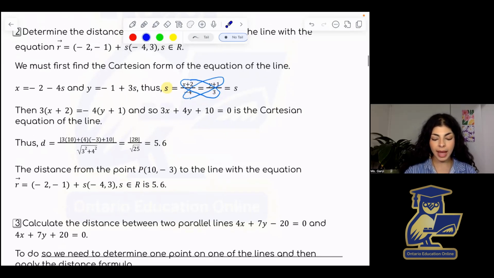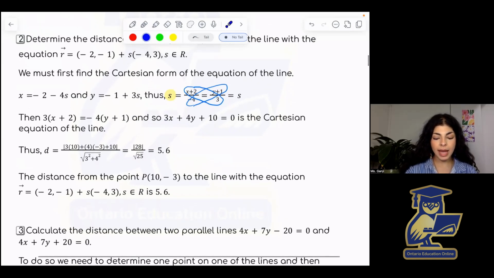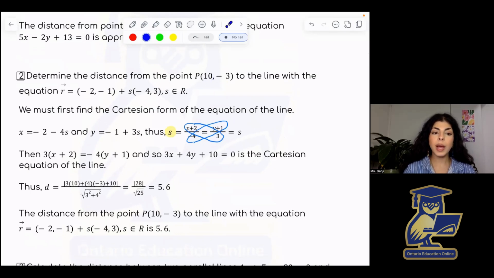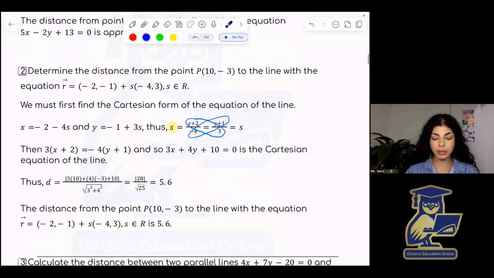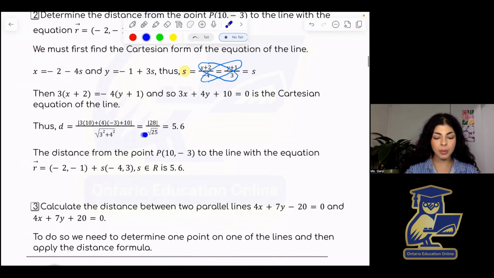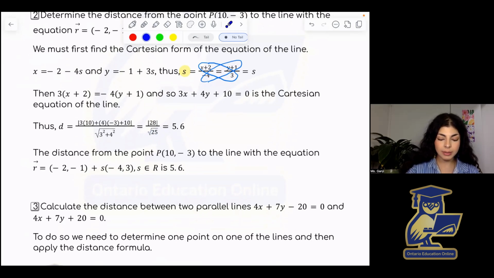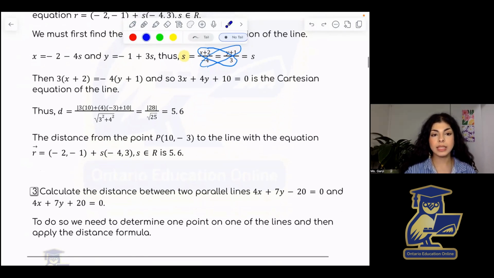And now I have a, b, c, and I had x0, y0, so I can just substitute into my formula for d, and I will end up with the absolute value of 28 over the square root of 25, which is just 5, and this is approximately 5.6, or actually no, this one will end up being exactly 5.6. So then we just say the distance from the point to the line with this equation is just 5.6.